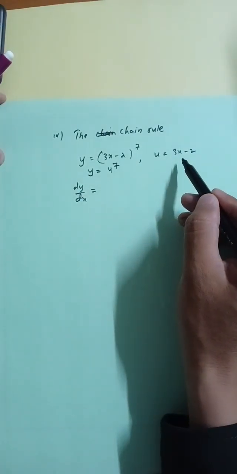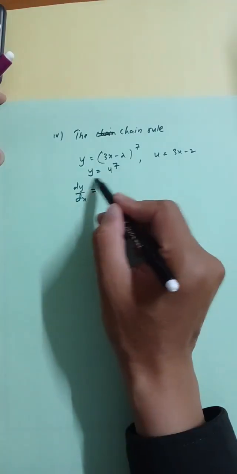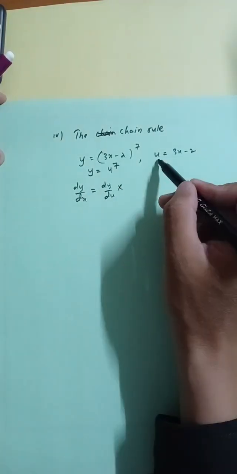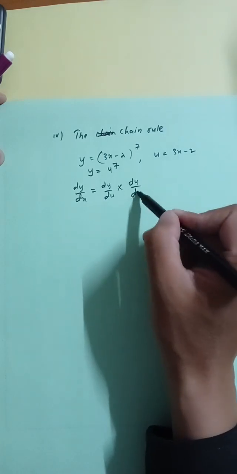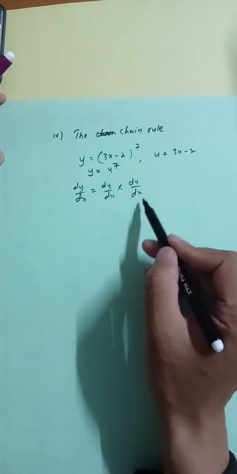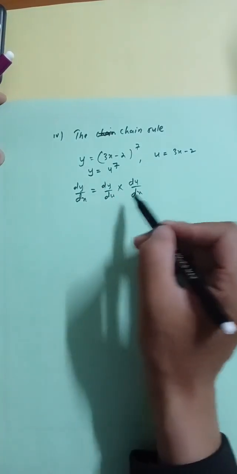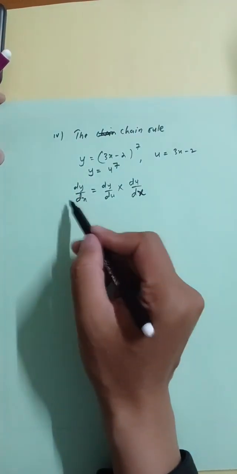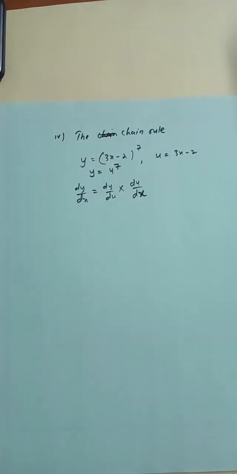You'll get dy over du times du over dx. When you multiply these two, dy over du and du over dx, we get dy over dx. We get our derivative.